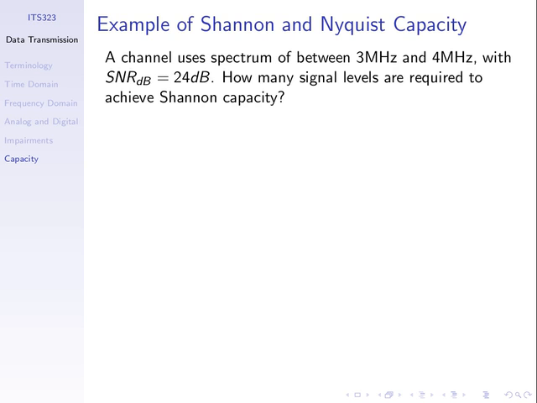I will make life easier and say approximately. It's approximately 8. It's a little bit less. So we get 8 times 1 times 10 to the power of 6 is 8 megabits per second. This is about 8 times 1 million, 8 million bits per second.